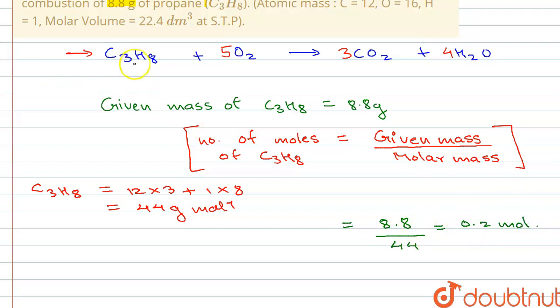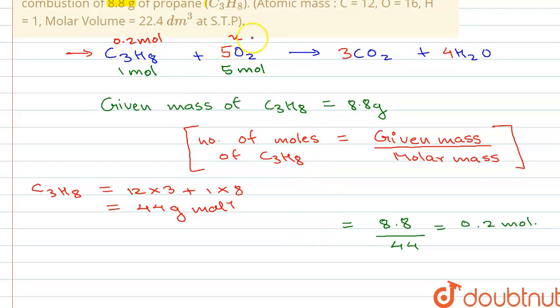Okay, now here as you can see in this reaction, 1 mole of propane is reacting with 5 moles of oxygen, but they are not using the whole 1 mole of propane. They are only using 0.2 moles of propane, and for 0.2 moles of propane they are asking us how many moles of oxygen will be required.